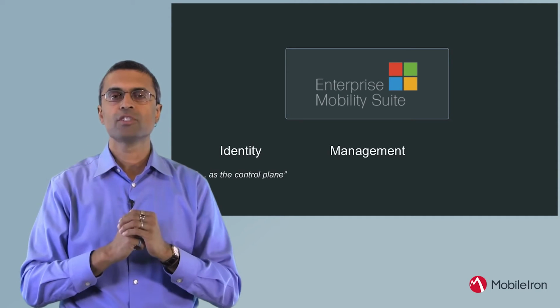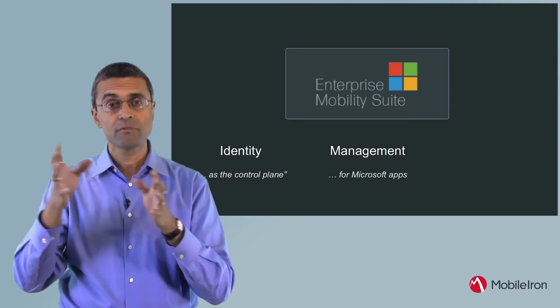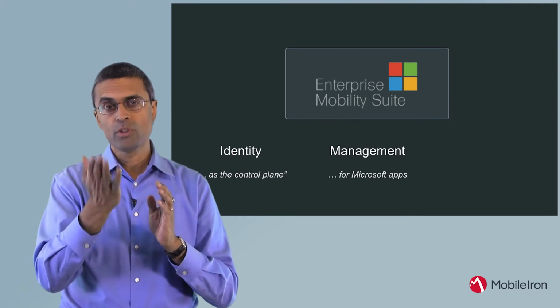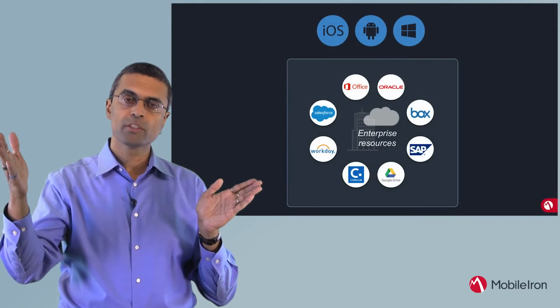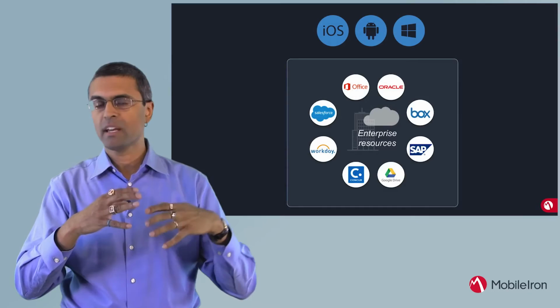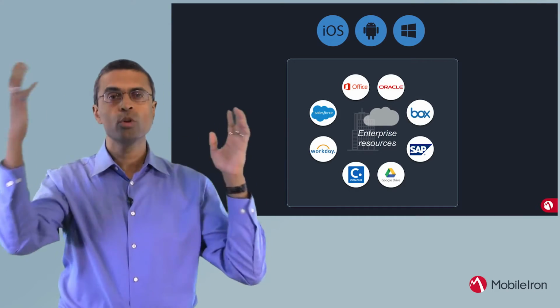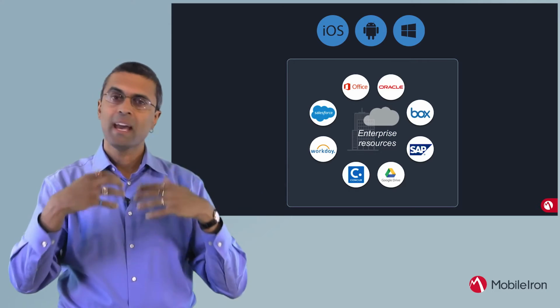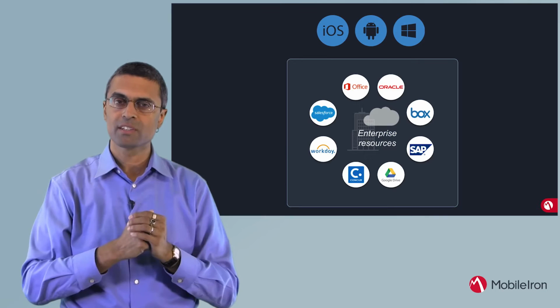One of the key features that Intune has is that it configures Microsoft applications, specifically Office applications. So if you're a MobileIron customer, you'll be using MobileIron end-to-end for your enterprise mobility management, and you may have applications from SAP and Oracle and Salesforce.com, Concur, Workday, who knows, a whole bunch of different vendors, and you'll be running those across iOS, Android, Windows, a variety of different operating systems.